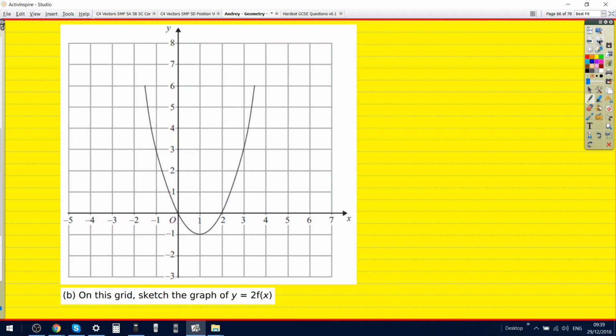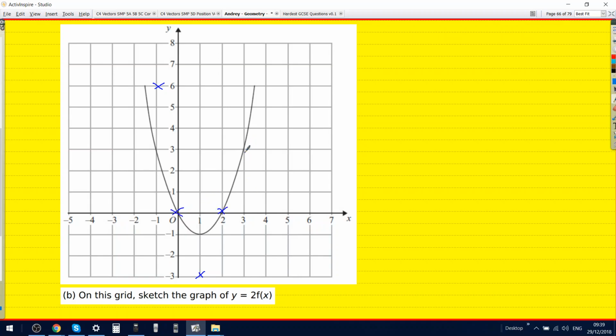That one's alright. What's going to happen here? Do you just times y coordinates by 2? Yep, so there's a 3, that's going to be 6. There's a minus 1, that's going to be minus 3. That's still 0, that's still 0.